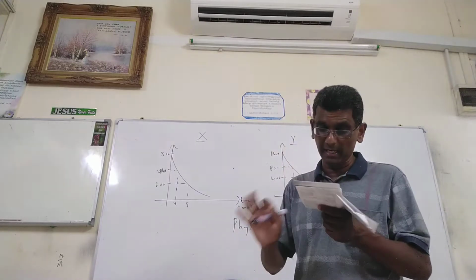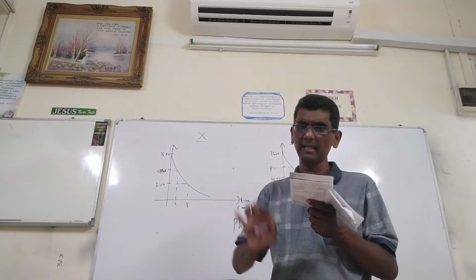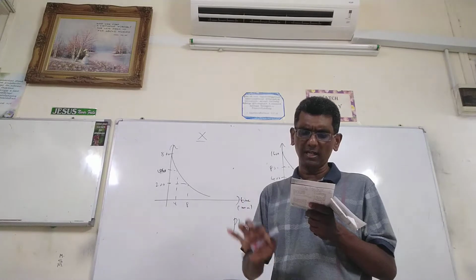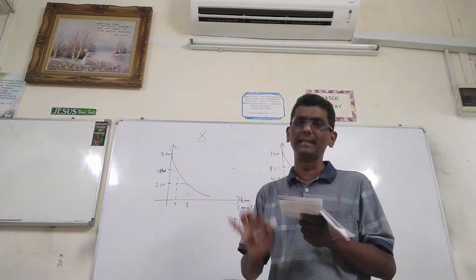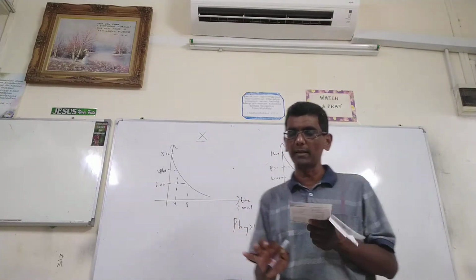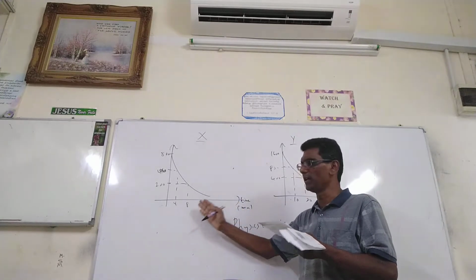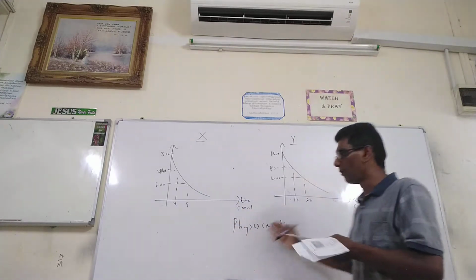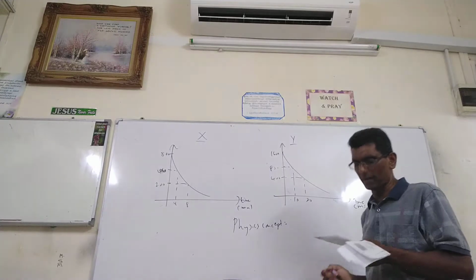Again, I repeat the physics concept: the activity is halved after every equal time interval. For X, 4 minutes, 4 minutes, 4 minutes, it becomes half. For Y, 10 minutes, 10 minutes, 10 minutes, it becomes half.